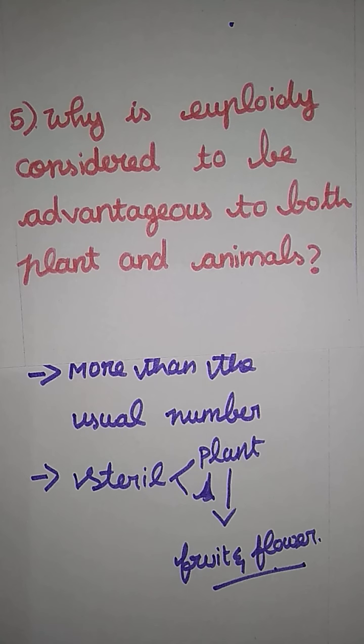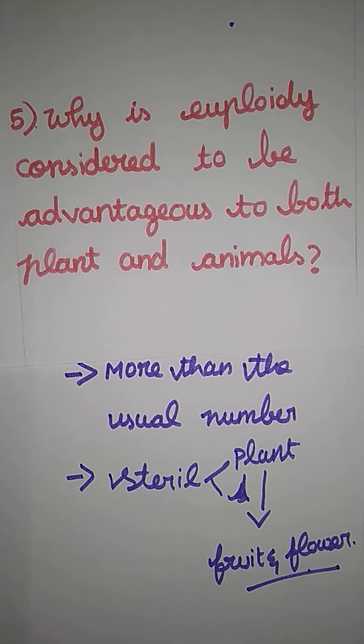Why are they advantageous to animals also? If you use this in a cow, what happens? They produce an excess amount of milk, hybrid. Okay? So they are said to be advantageous to both plants and animals. Okay, so that's it for the fifth question. Let me move on to the next one in the next video.